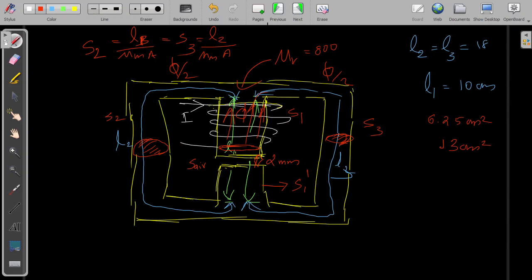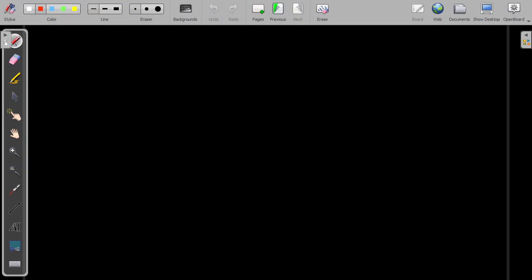So the magnetic circuit model will look like this.